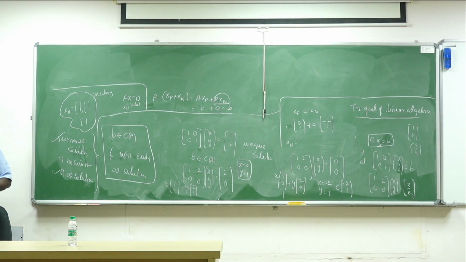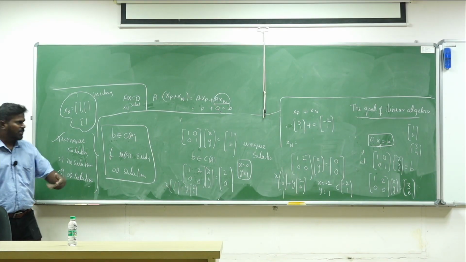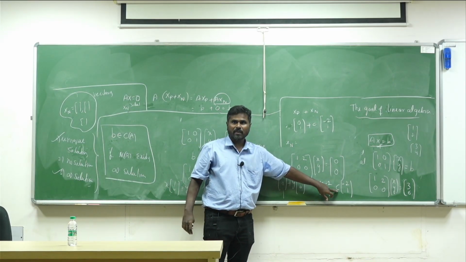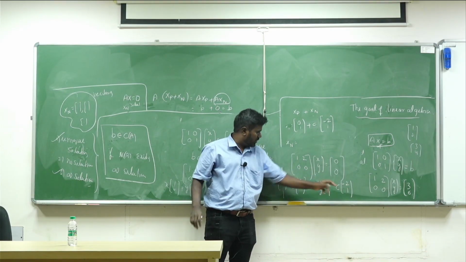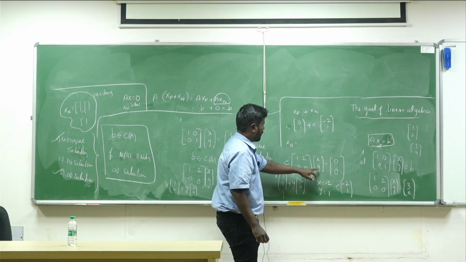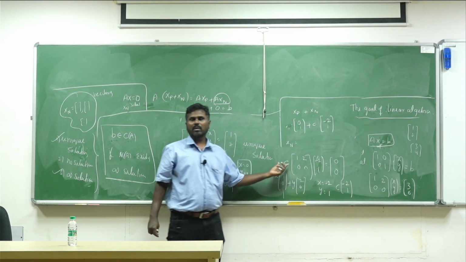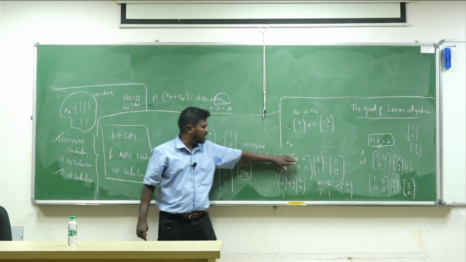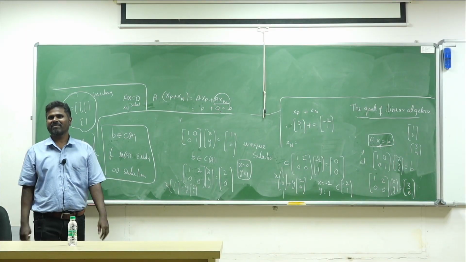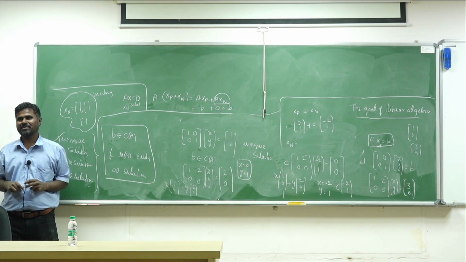C is a value from the real line; you can take any value. It doesn't matter what the value of c is, c into this is a solution to Ax equal to 0. Always it will be (0, 0). Now how many solutions do you have? Infinite. This is the example for infinite solutions.